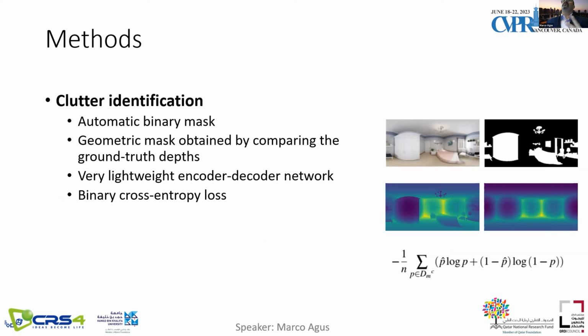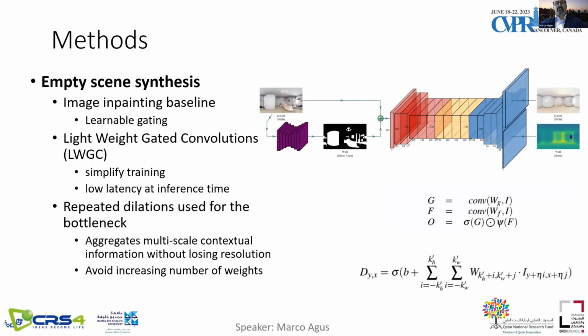And the network is trained by performing a comparison between the ground truth depth of the image with clutter and the image without clutter. For training, we consider a binary cross entropy loss. The network is very light and is used for the preprocessing part before going into the empty scene synthesis.